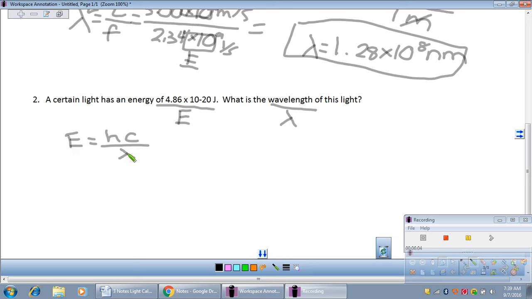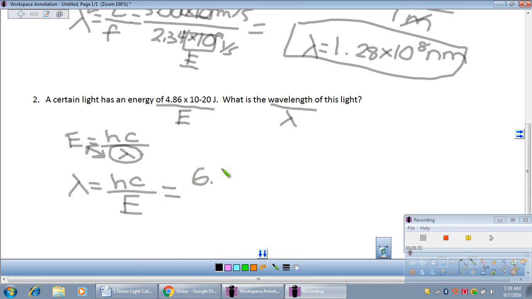So I am solving for wavelength. That means I do not want wavelength at the bottom of the equation. So you're going to rearrange this equation. What ends up happening is that wavelength and energy swap places. So now I can plug in and solve.